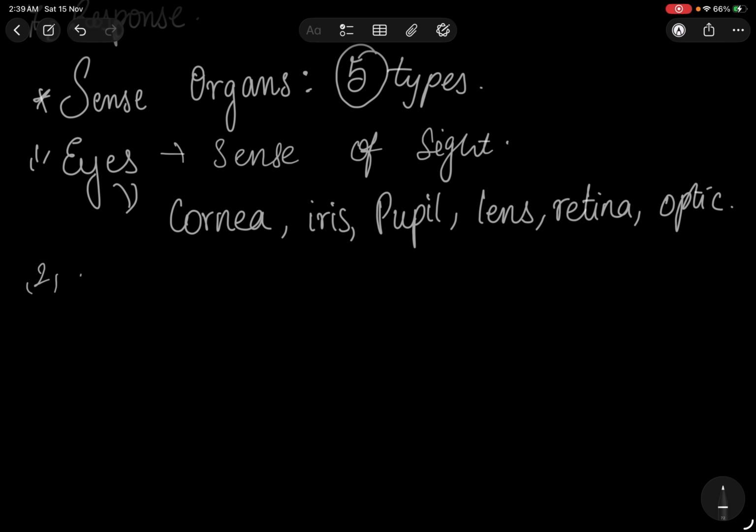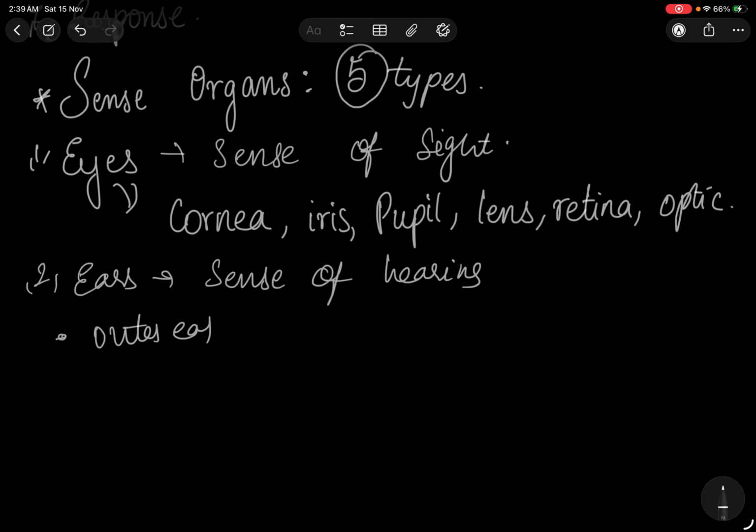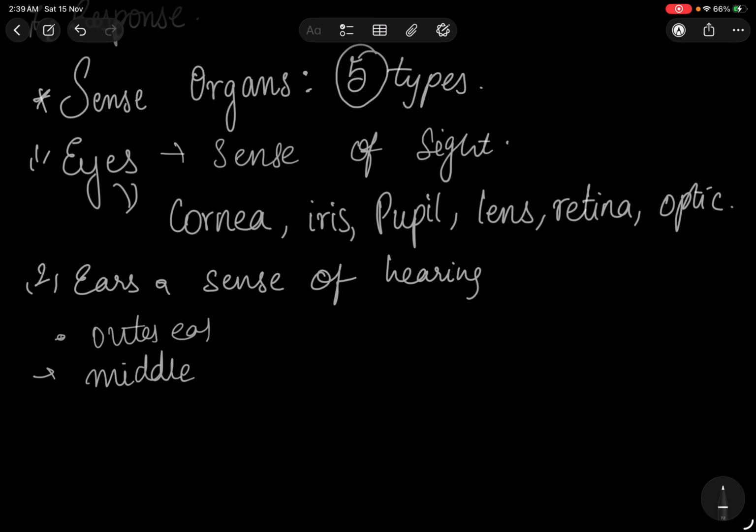And second, when we speak about ears, what is the use of ears? Sense of hearing. So it has outer ear, middle ear, inner ear.